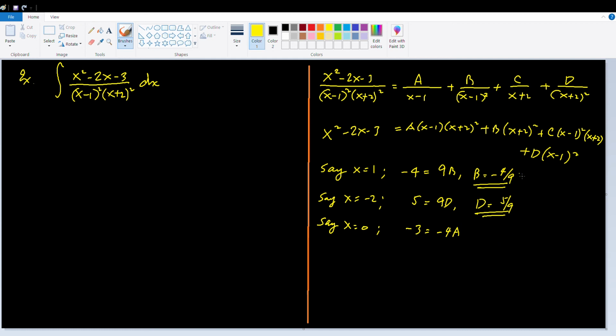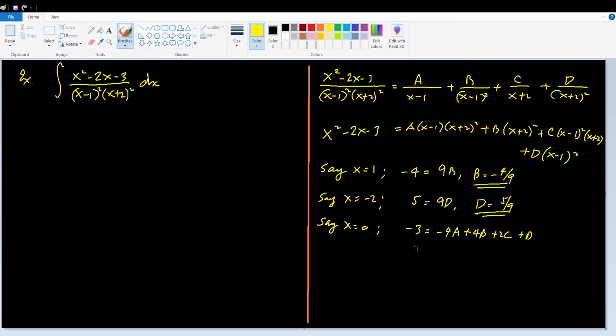And then 0 plus 2 is 2, squared is 4, so that will be 4b. 0 minus 1 is negative 1, squared is positive 1. 0 plus 2 is 2, so 1 times 2 is 2c. Finally, 0 minus 1 is negative 1, squared is positive 1, so plus d. Right?